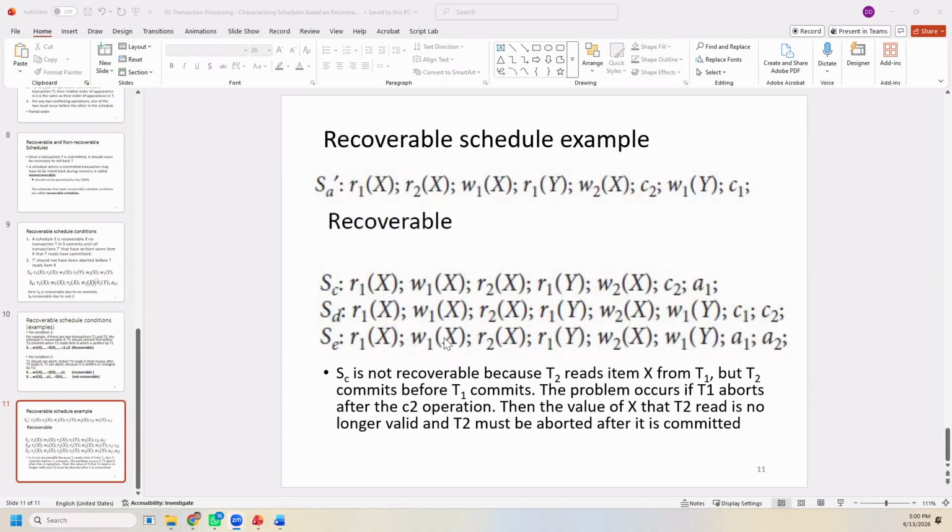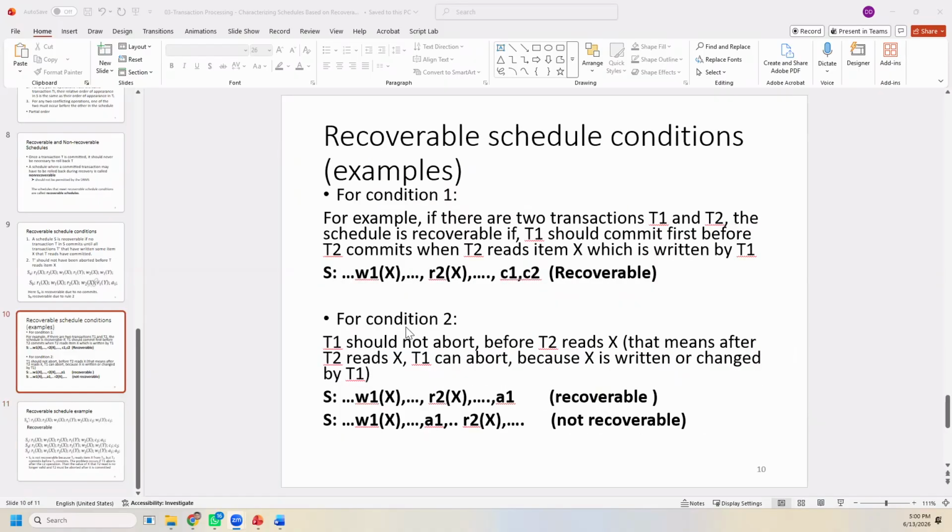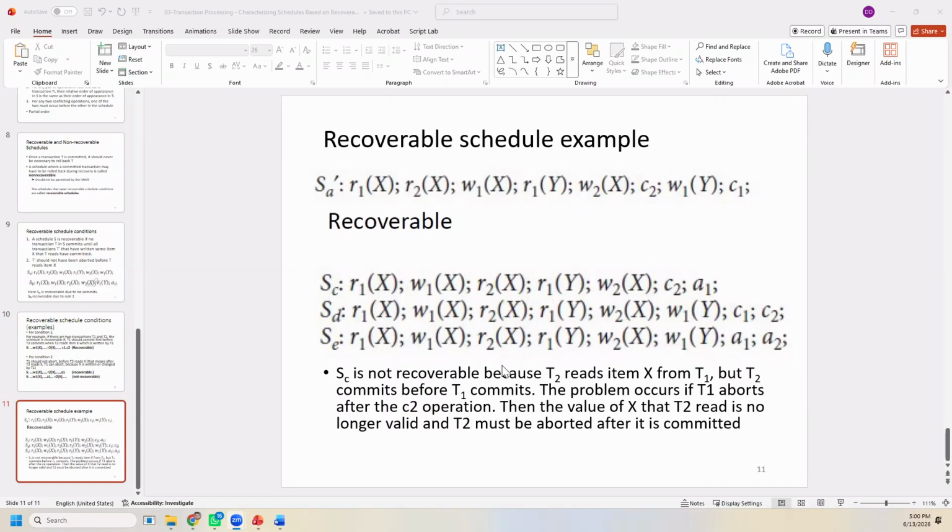This modification is first done by transaction 1. Then transaction 2 read that modified data. So the transaction 1 that made the modifications then aborted itself. So it is according to condition 2. So that means condition 2 is satisfied. So schedule E is recoverable.